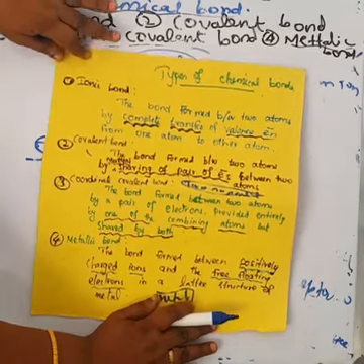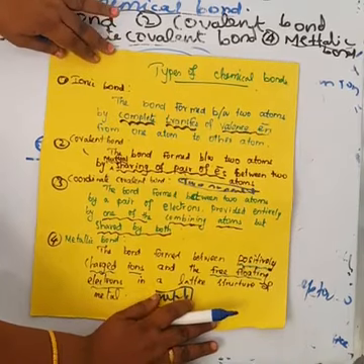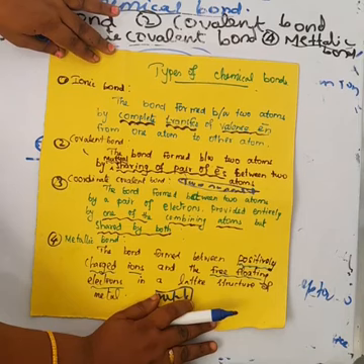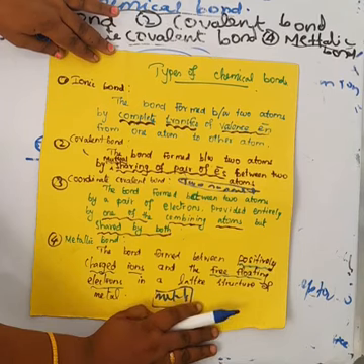Covalent bond means mutual sharing of a pair of electrons between two atoms. Coordinate covalent bond means the bond formed between two atoms by a pair of electrons provided entirely by one of the combining atoms but shared by both.